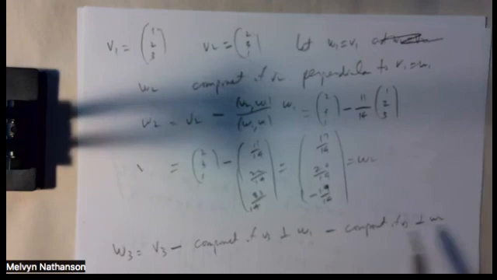And then to find W3, I take the vector V3, which is 3, 1, 2, minus the component of V3 perpendicular to W1 and minus the component of V3 perpendicular to W2. So V3, that's the vector 3, 1, 2. What's the component of V3 perpendicular to W1?